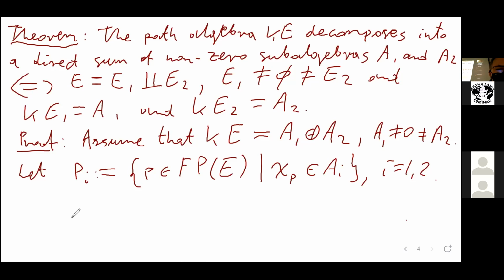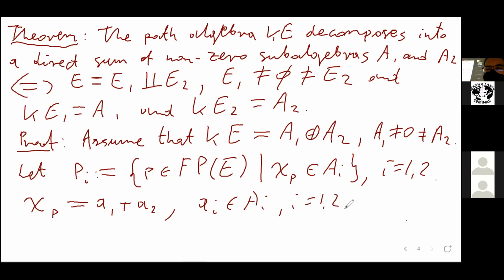Now we take chi p, and because KE is this direct sum of A1 and A2, of course we can uniquely decompose it into a1 plus a2, where ai is in Ai, for i equal 1 and 2. And this decomposition is unique, of course, because this is a direct sum decomposition, okay?